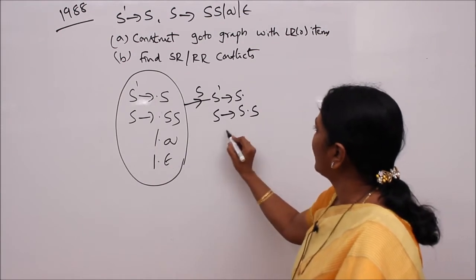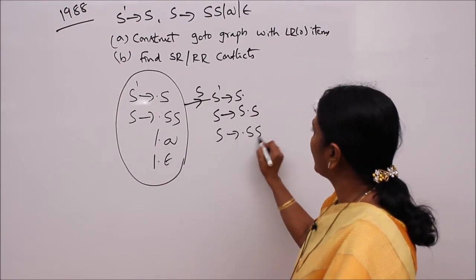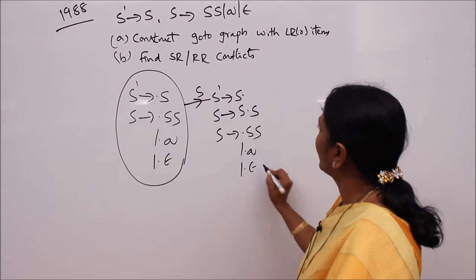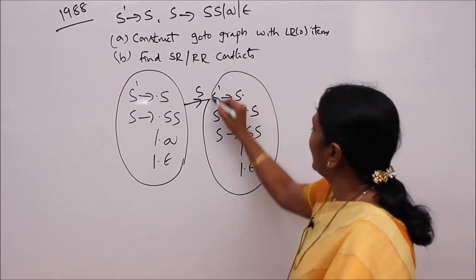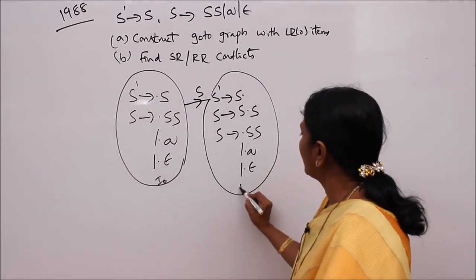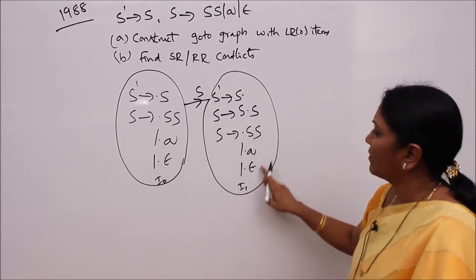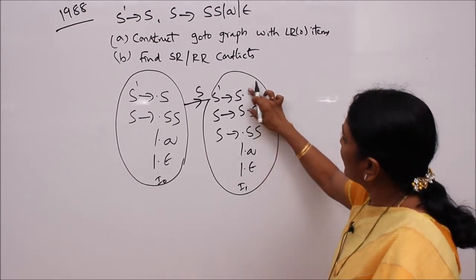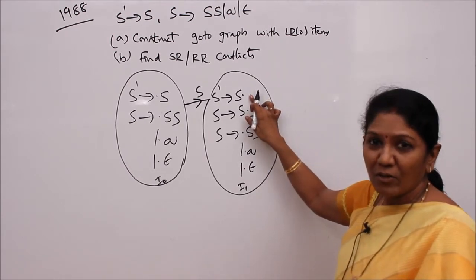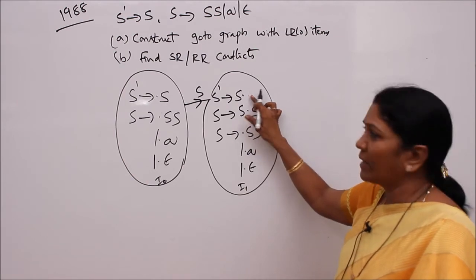Now because of S → .SS, S → .A, A → .epsilon. So look at here. Let's take this as I0, this as I1. In the state I1, once again SR conflict. And here there is a final item. Is it a final item specifying a reduce action? Do you have an RR conflict here?